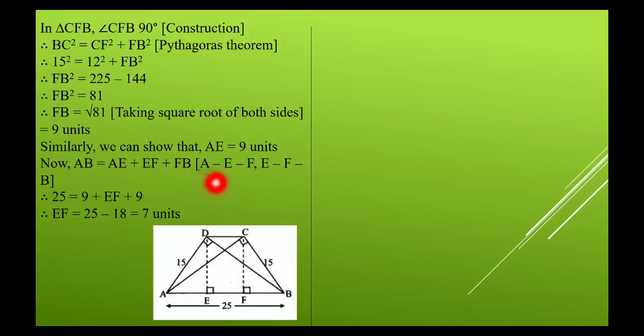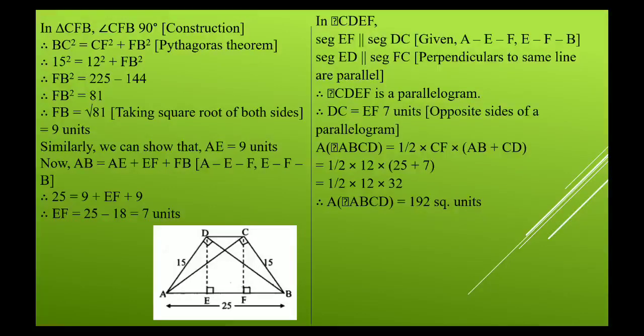So AB value 25 is equal to 9 plus EF plus 9. By calculating, EF value is how much? 7 units. So we got the EF value now.